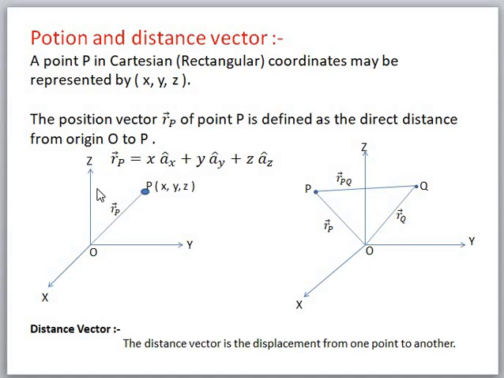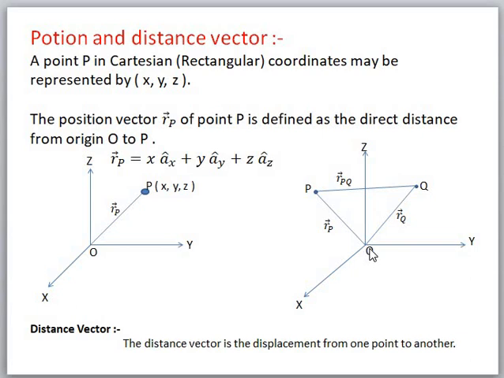Now let's see the distance vector. The distance vector is the displacement from one point to another point. Now we consider any two points, first point P and the second point Q, in the Cartesian coordinate system. This is the x-axis, this is the y-axis, this is the z-axis.